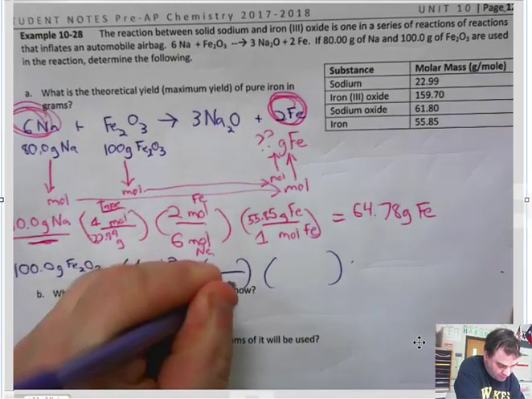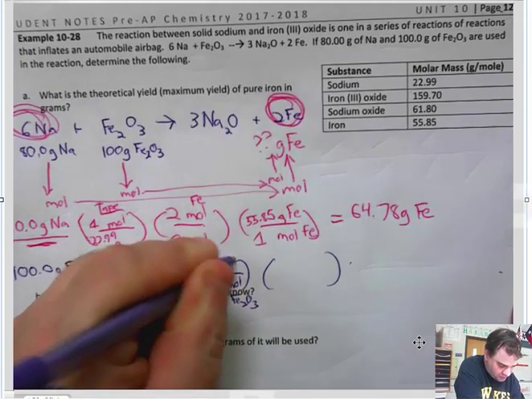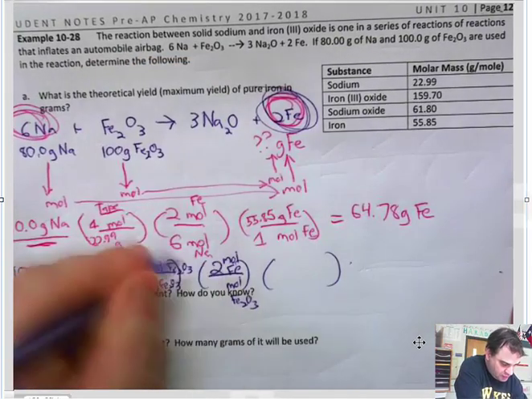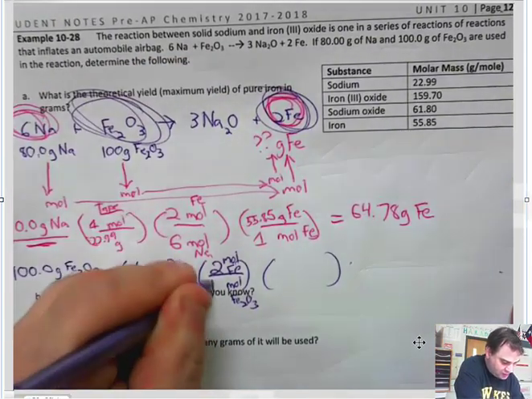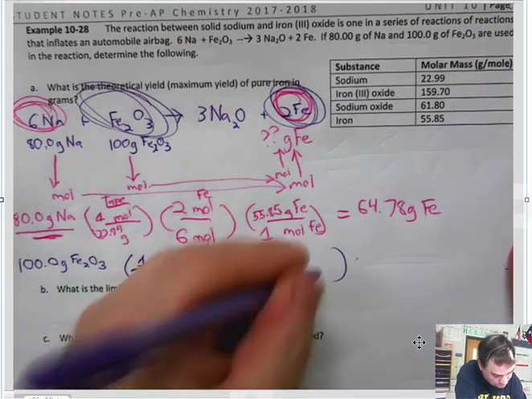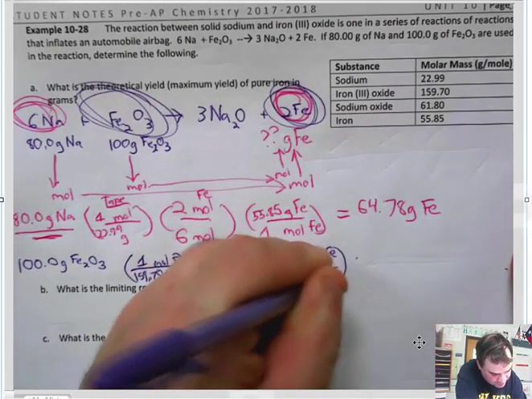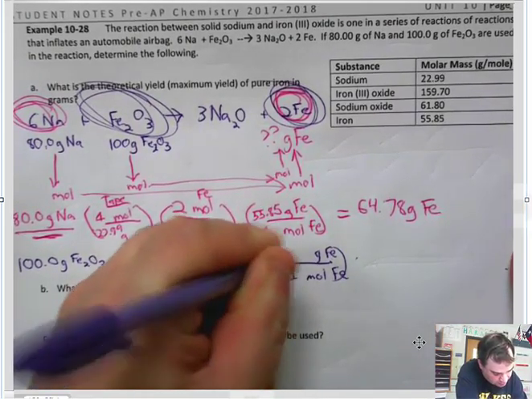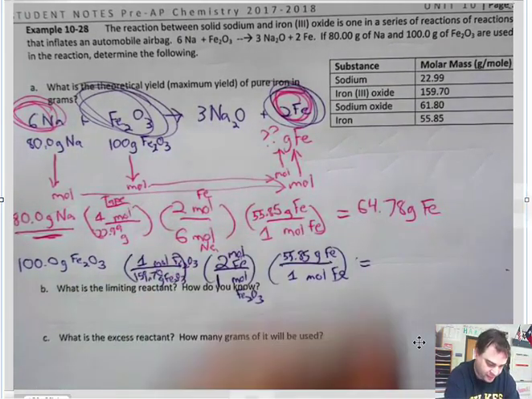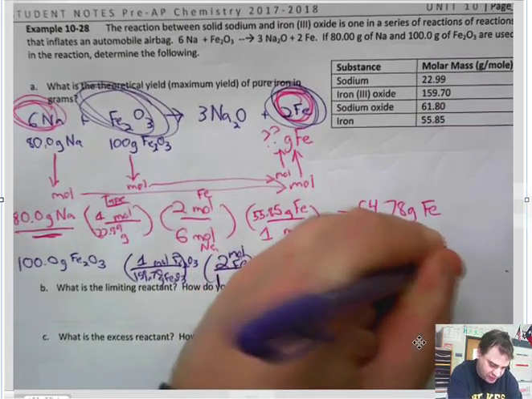Then we have to do our wham: moles of iron oxide on the bottom, moles of iron on the top. Wham 2, wham 1. Then we do moles on the bottom, grams on the top, Fe, 55.85. And we get a second answer of 69.94 grams of Fe.